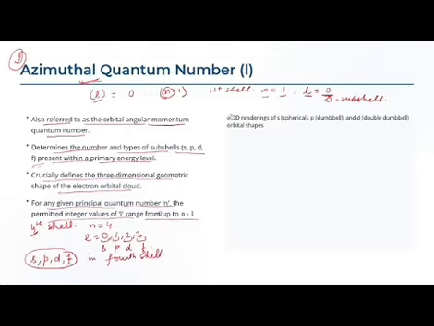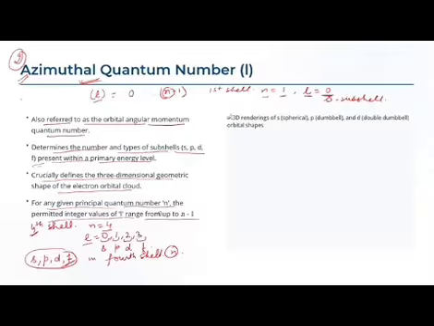So from the value of the shell, or we can say from the value of n, we can find the value of L. And when we find the value of L, we can show how many subshells are present in that respective shell. So the second quantum number mainly tells us the number of subshells present in a shell.